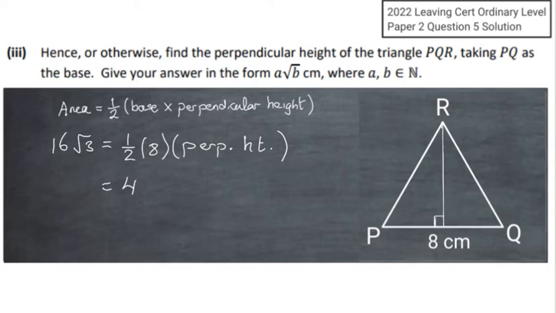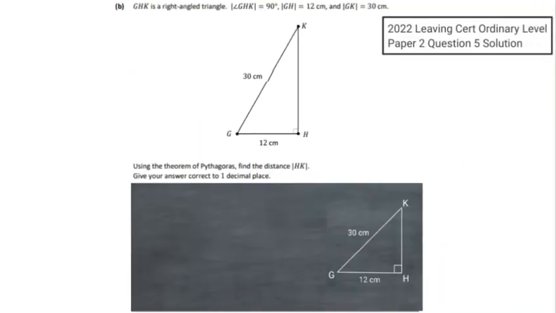Okay, and we can call the perpendicular height h. 16 root 3 is equal to 4h. Divide both sides by 4 and we will get h is equal to 4 root 3. And that's in centimeters, which corresponds to the format up here. Alright, so far so good.